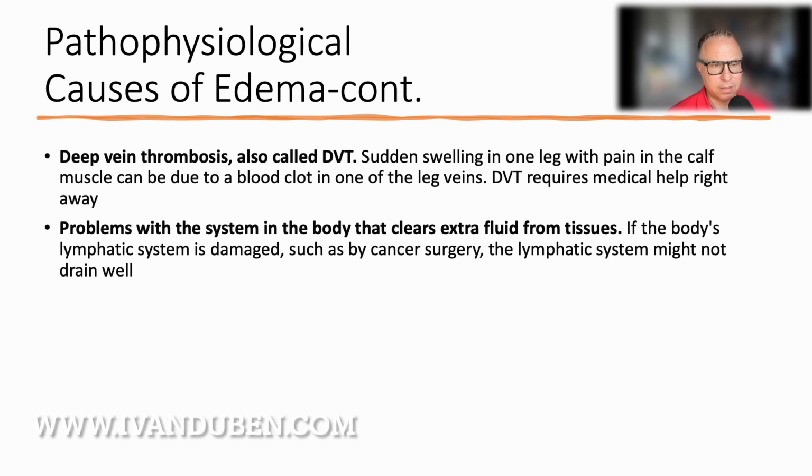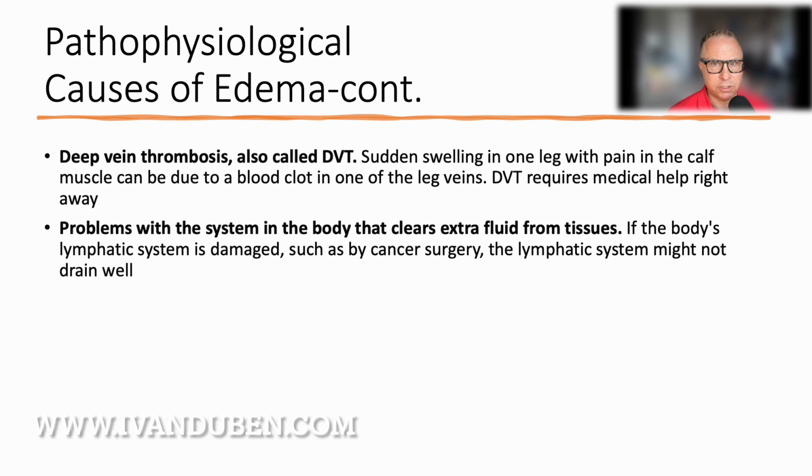It's important that, as I mentioned here, the Mayo Clinic does talk about the lymphatic system as not draining appropriately. So here I'm talking about the lympho-vascular system and the various pressure gradients in the body.